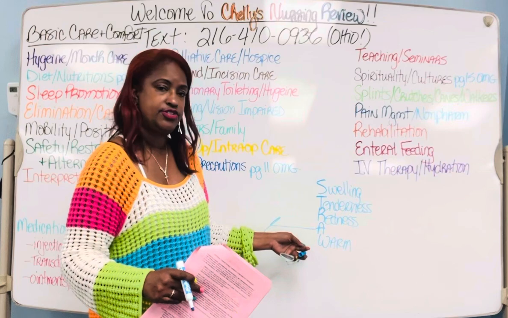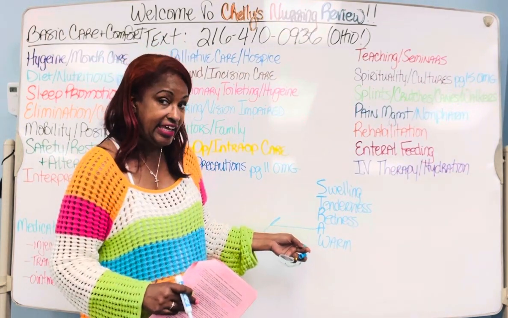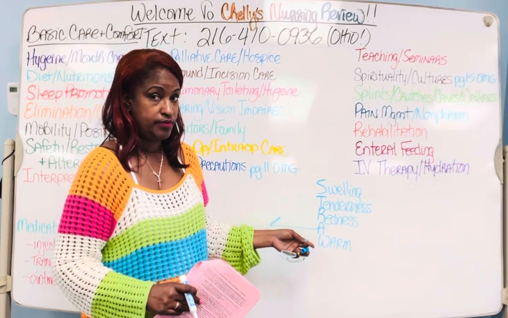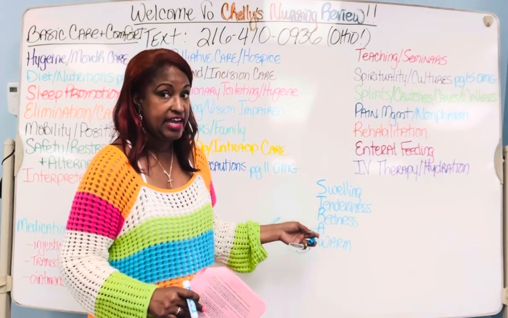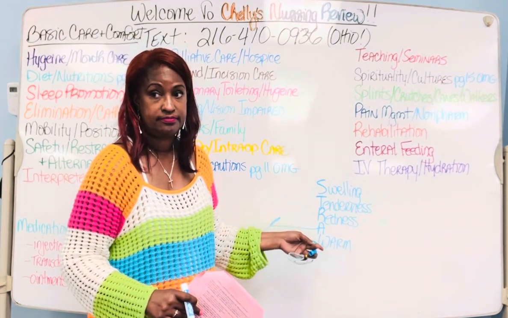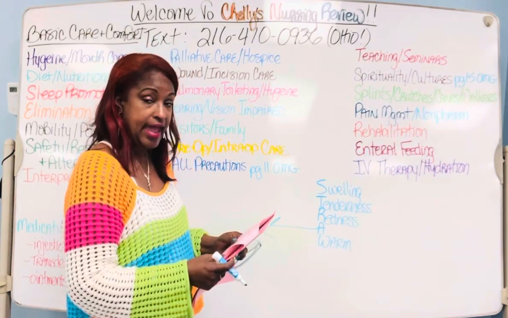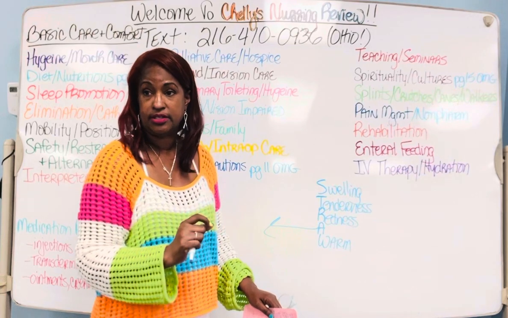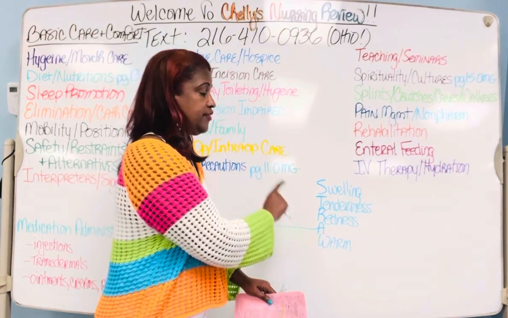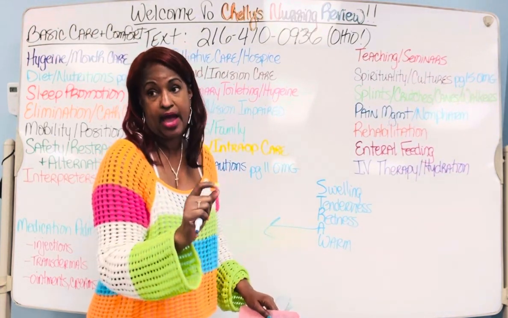Remember that this is the mnemonic for any inflammation, any infection, and any DVT. The A, if it's a DVT, would be anticoagulant. The A with an infection would be antibiotics.